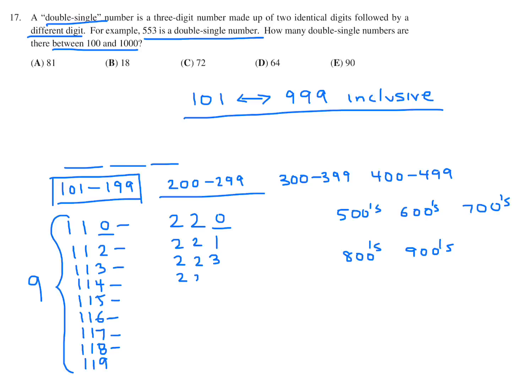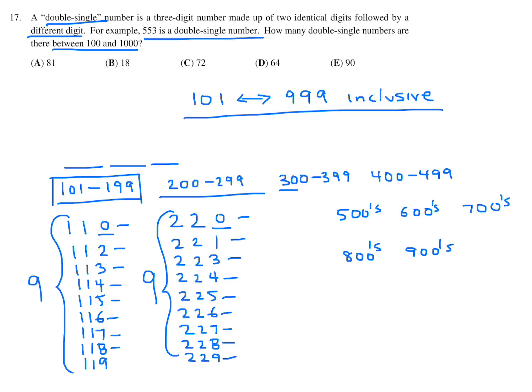But 223 will, and so on. 224, 225, 226, 227, 228, 229, and that's it. So let's count these. 1, 2, 3, 4, 5, 6, 7, 8, 9. So another 9.